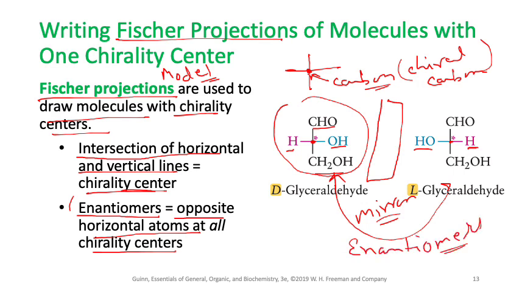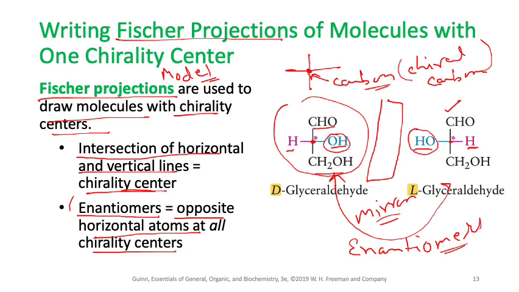And what you can see in the enantiomer, all the atoms or groups that are present in the enantiomer are on opposite sides if you compare the mirror images of each other. So if this is your actual molecule and this is your mirror image, you will see the OH is placed now on the opposite side, right?